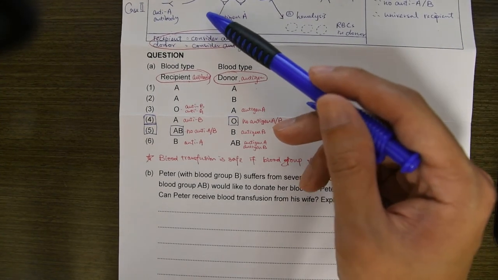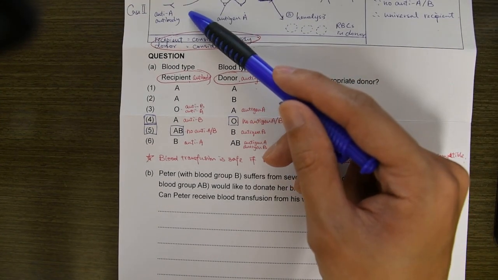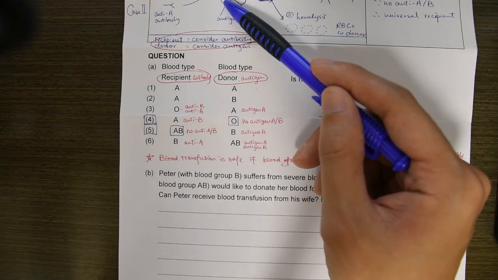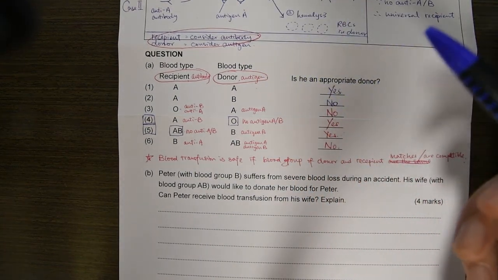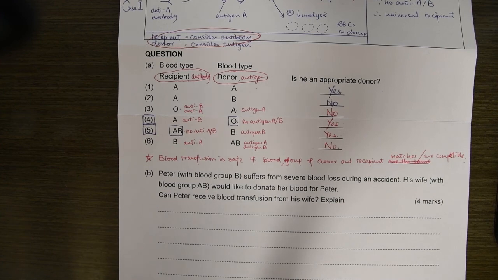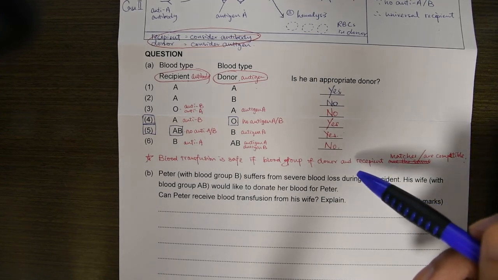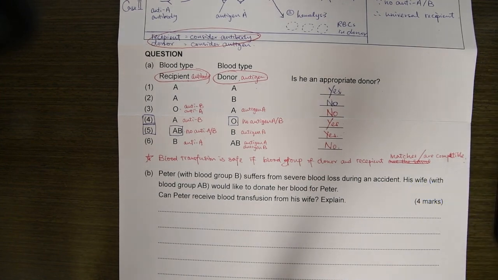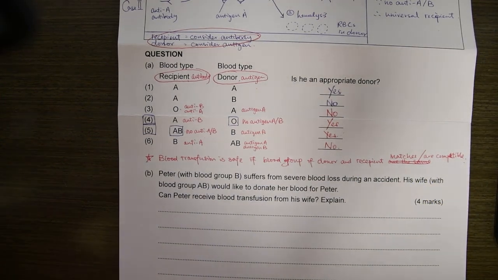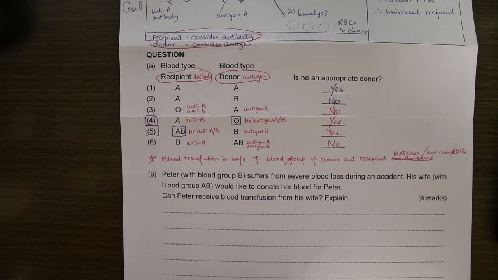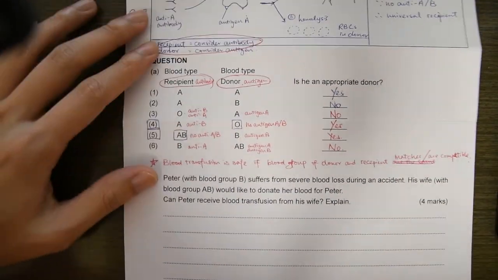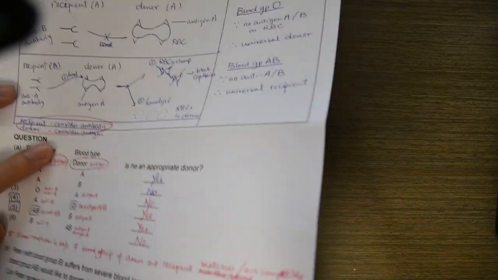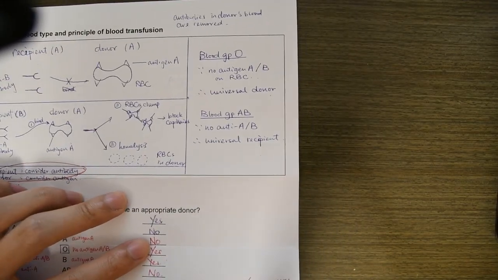If the antibody of the recipient binds onto the donor's red blood cell, the red blood cell would either clump or break down. So therefore, the blood transfusion is not safe, and those blood groups are not matched. And now you also understand one more thing, why blood group O is especially valuable in these blood transfusion situations.